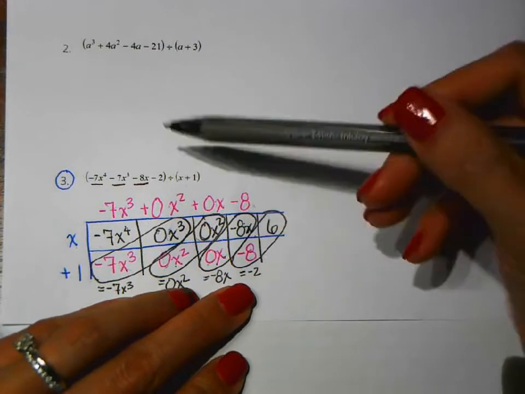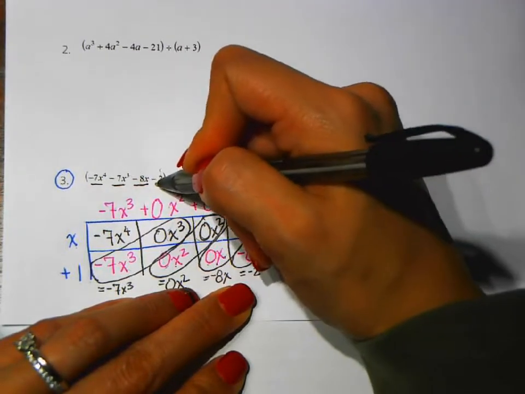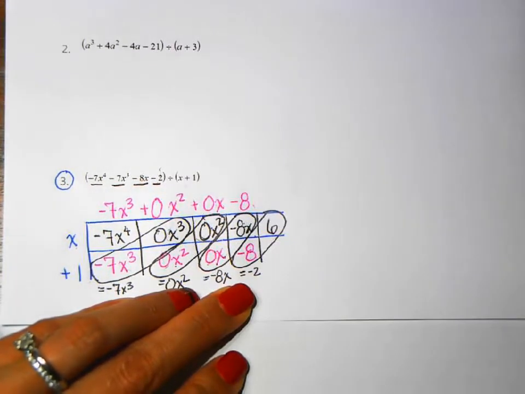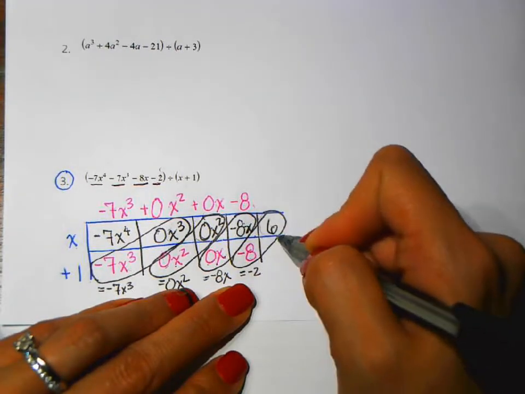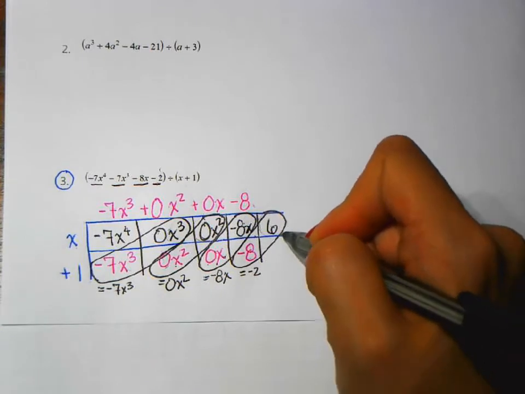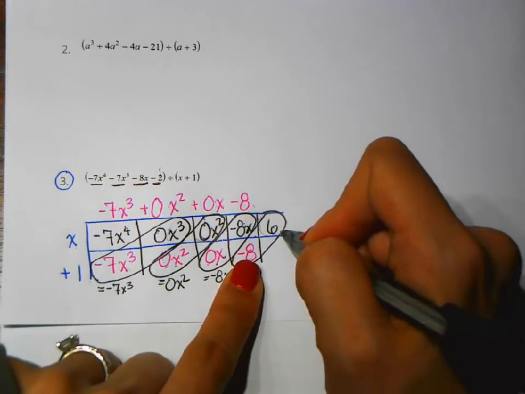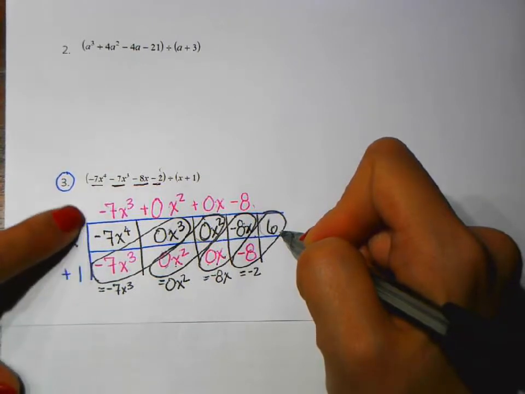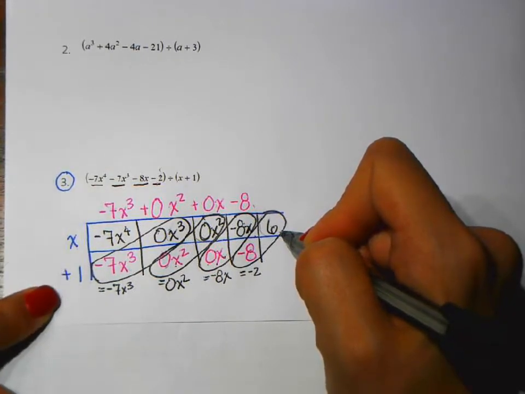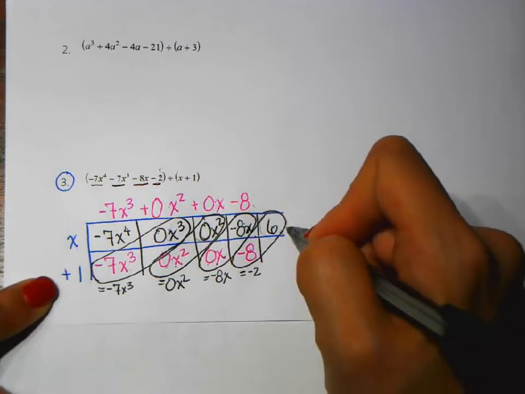Now, I already used the last constant in our original problem, in our dividend. So that means that this is a remainder. A remainder of 6. But what am I dividing this 6 out of? Oh, sorry, this 6 is divided by x plus 1.